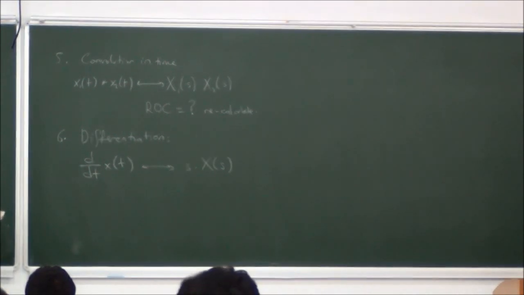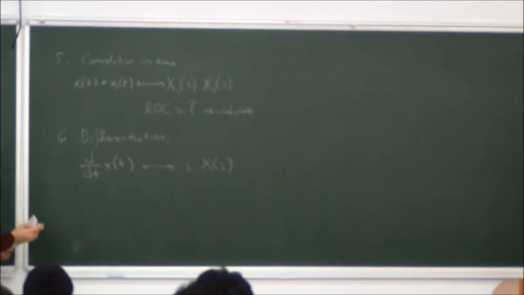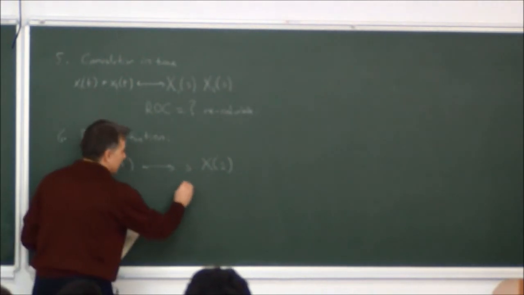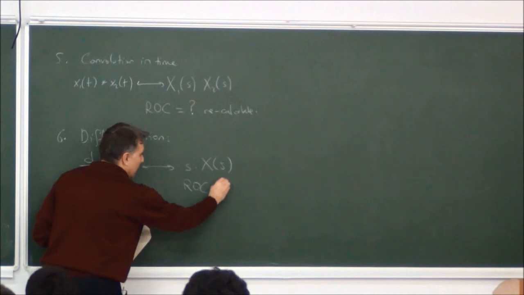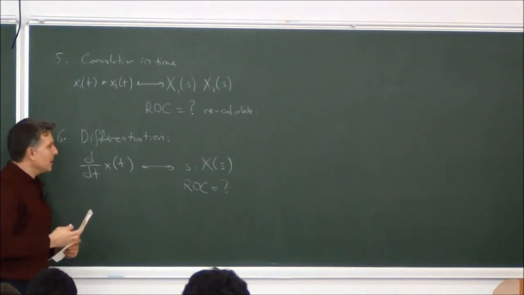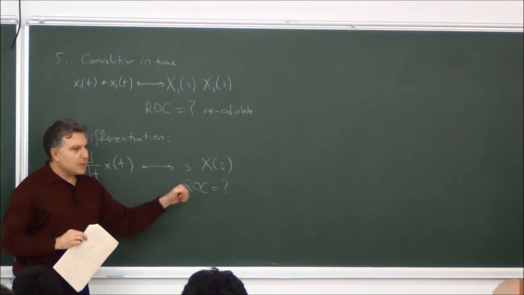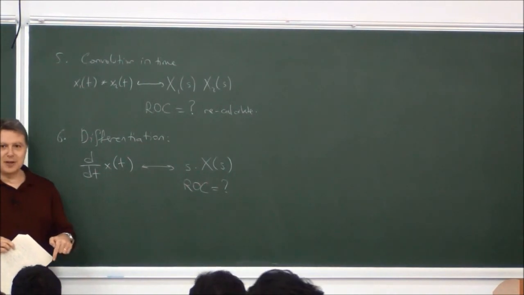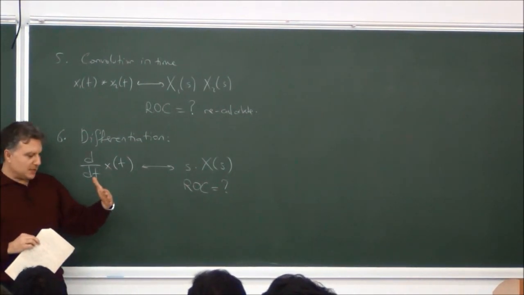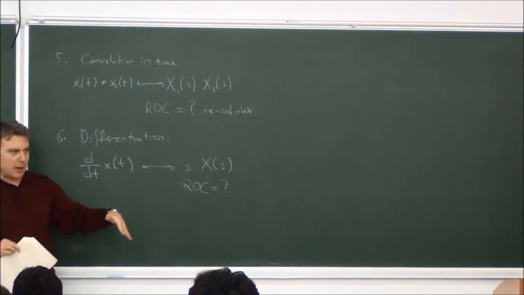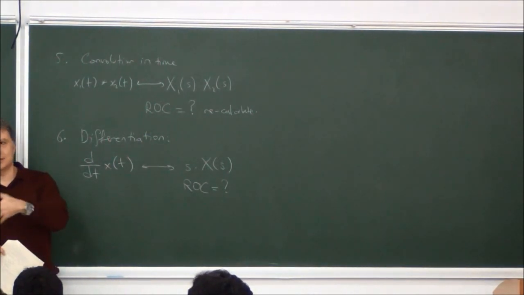Now this thing is quite nice. And the region of convergence, you must again take a look at, unfortunately. And I'm putting a question mark still, because it may be the case that x of s may have a pole at s is equal to 0. So x of s may be something divided by s times something else.